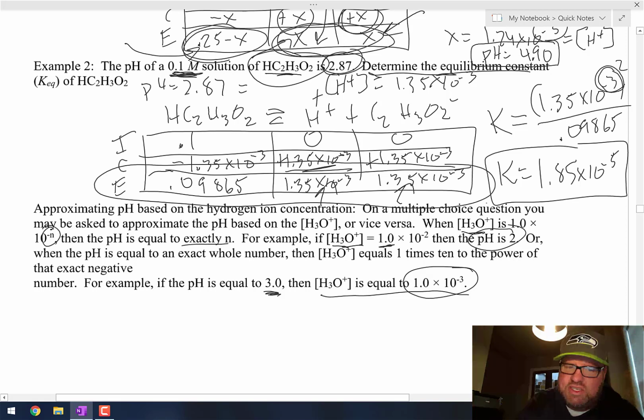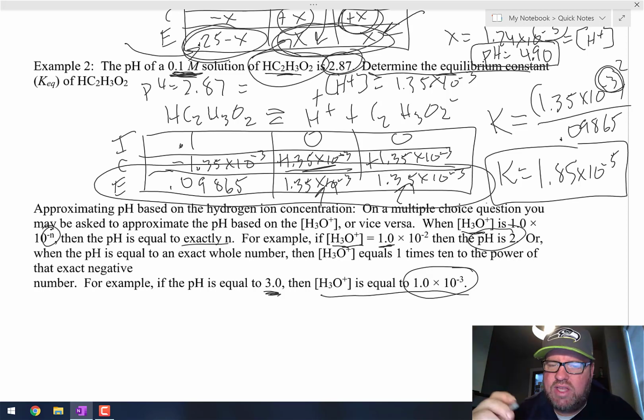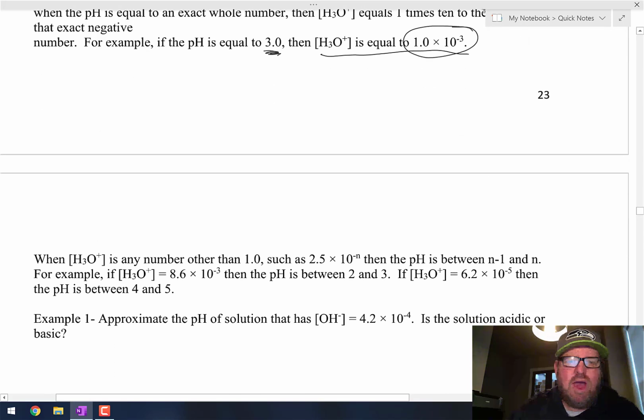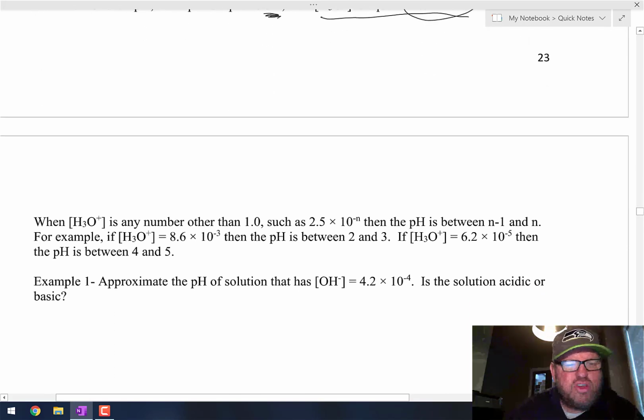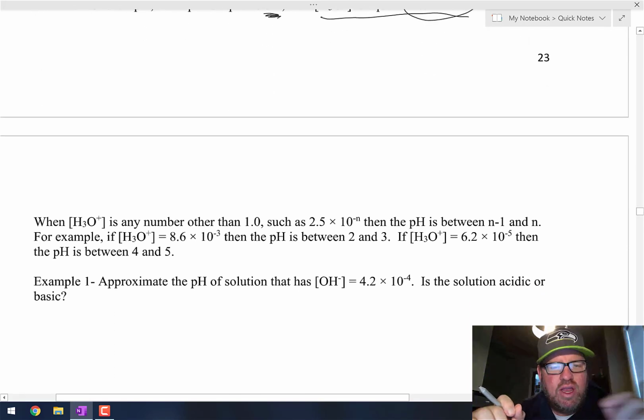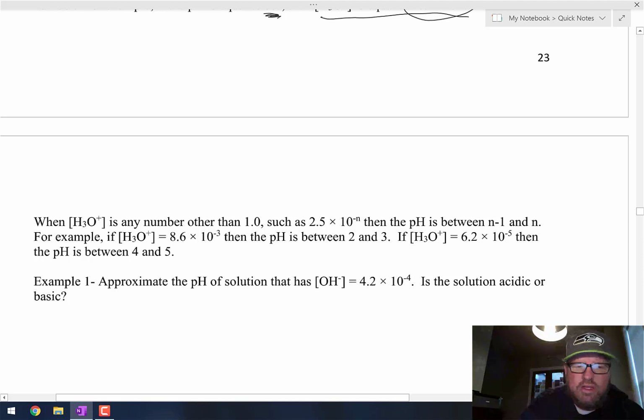If the pH is 7, then the hydrogen ion concentration is 1 times 10 to the minus seventh. If the pH is 0, then the hydrogen ion concentration is 1 times 10 to the 0, which is just 1.